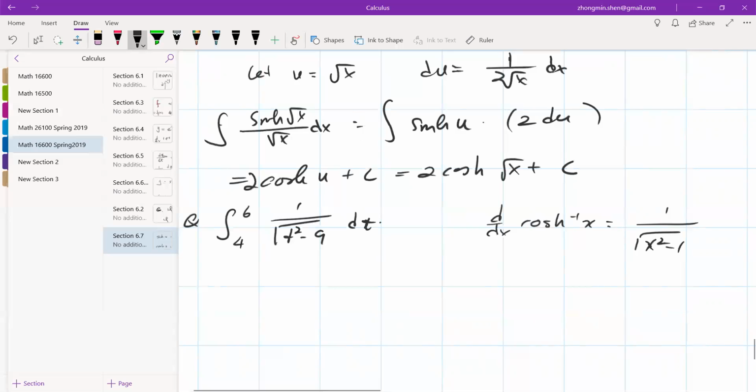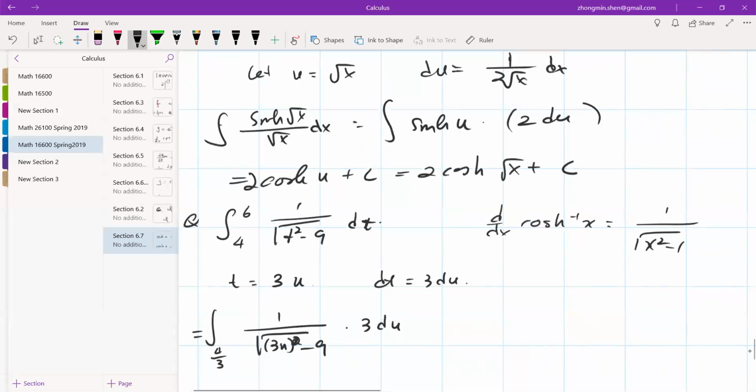So I have to introduce, let t be 3u. Then dt equals 3 du, and the integral becomes 3 du over square root of 9u squared minus 9. Now for the new variable, when t equals 4, u is 4 over 3.